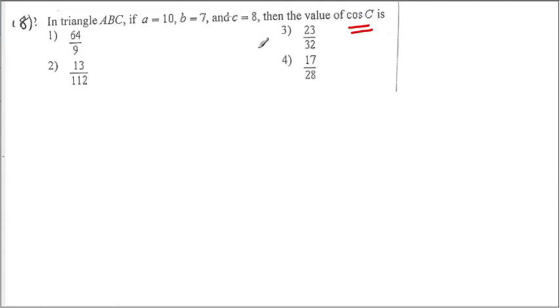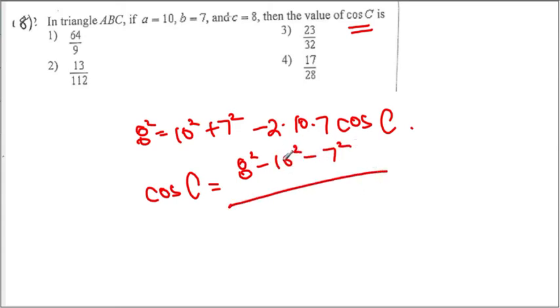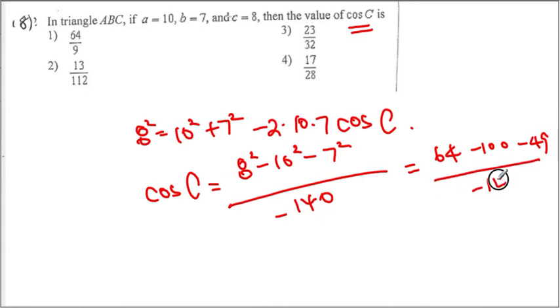Find the cosine of c. Same idea as before. So we have 8 squared must be equal to 10 squared plus 7 squared minus 2 times 10 times 7 times cosine of c. Then we realize cosine of c must be equal to 8 squared minus 10 squared minus 7 squared, all divided by negative 140. Then this becomes 64 minus 100 minus 49 over negative 140.